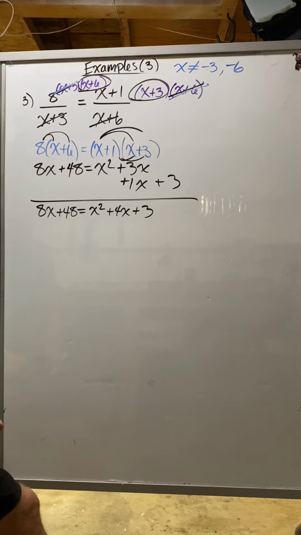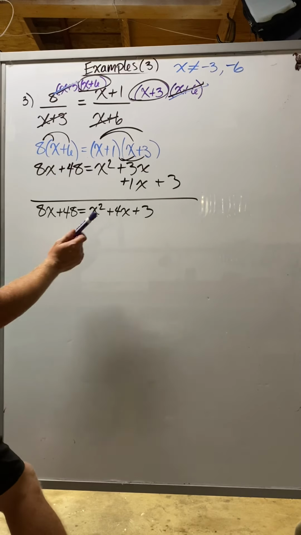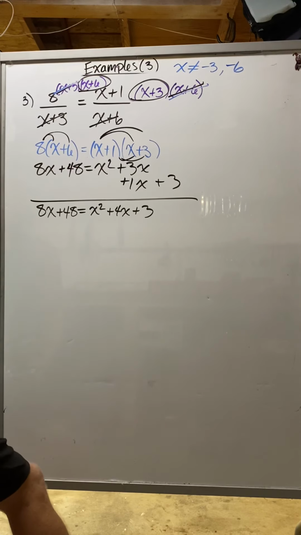Look at it. What do you see? What is the big problem that I have in this particular equation? I have an x squared. That means it's a quadratic, and that means it's probably going to have to factor like a quadratic. So here we go. This is a quadratic. This is where x squared is positive. I need it to stay here. We have to make this side a 0.